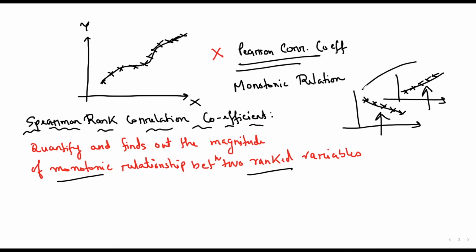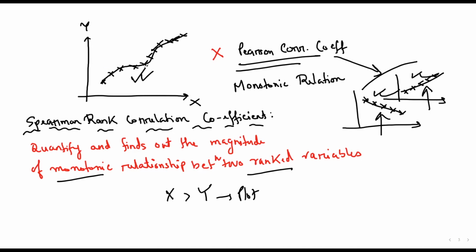So for this one, you can use only Pearson correlation. You cannot use Pearson in this kind of relationship. You can use Spearman rank. And Spearman rank you can use for both this one as well as for this kind of relationship. So what will you do first? First of all, you will plot a graph between X and Y. You will see the relationship.